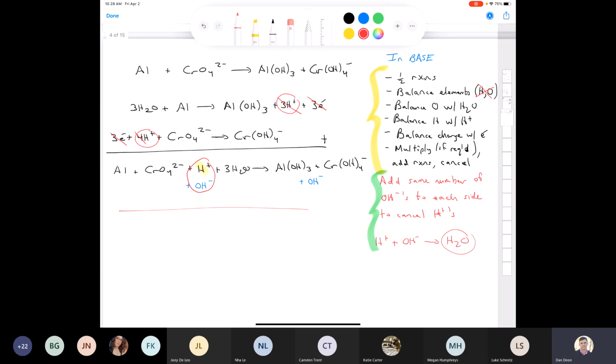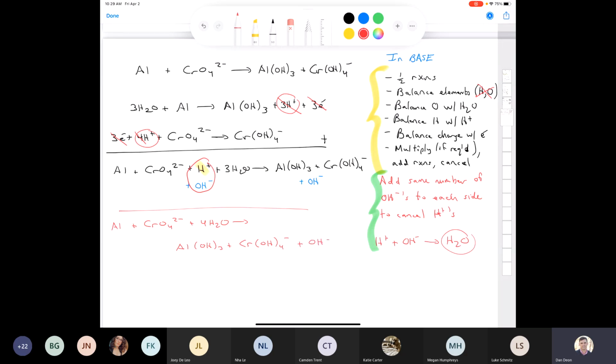And I get that my aluminum plus CrO4 2- plus 4 H2O produces aluminum hydroxide plus the chromium hydroxide ion plus hydroxide.